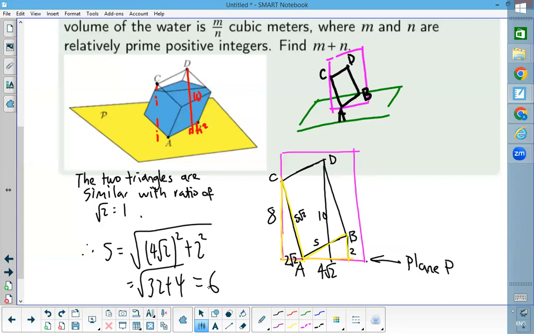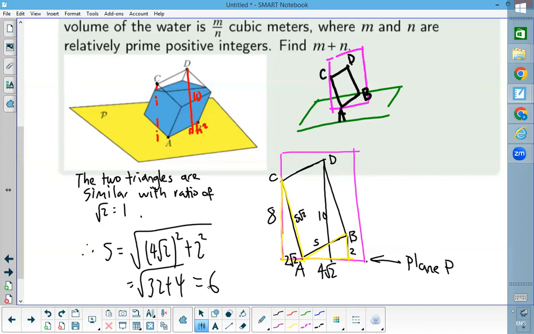So let's try to find the volume of the air above. How can we get it? Well, we need to find out something interesting about the air on top.